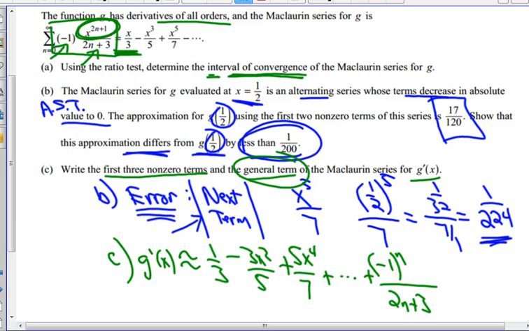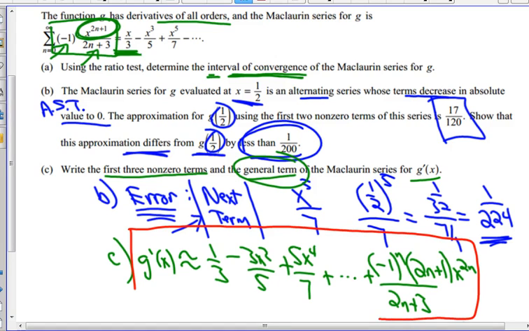I bring down the power, 2n plus 1, and it's x, take off 1, x to the 2n. That would be my general term, and that takes care of part C. So I've got my first 3 non-zero terms, and I've got my general term. Okay, not too bad at all.